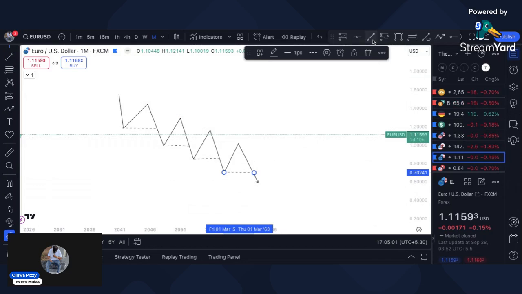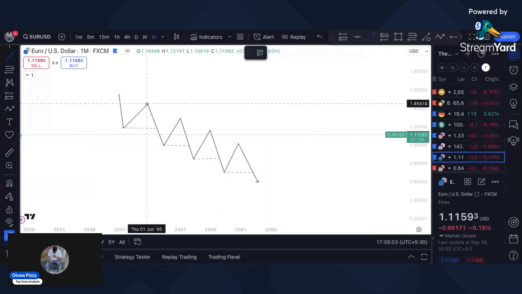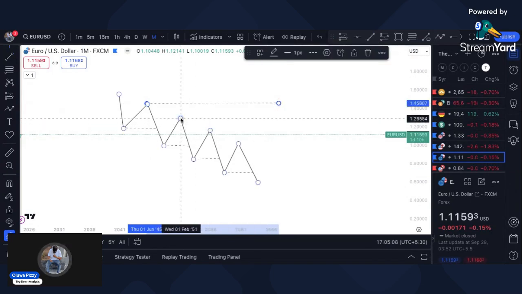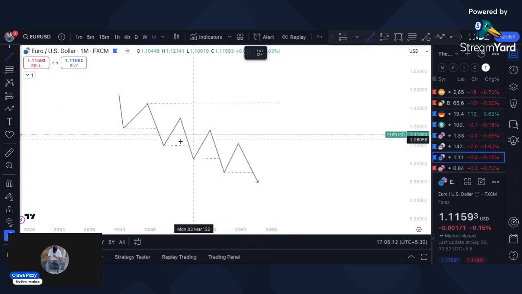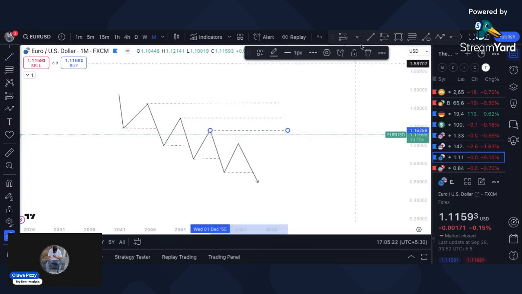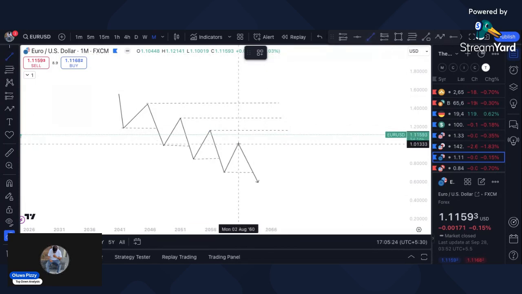Notice something: this high did not break this high, and this high did not break this high, and this high did not break this high. They keep respecting each other. No matter how much pullback they did, they never break the previous high. Rather, they keep breaking the previous low.